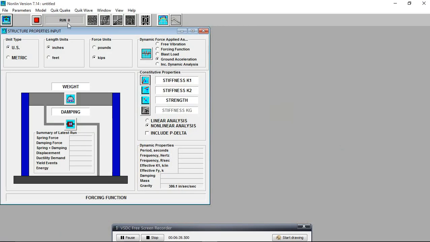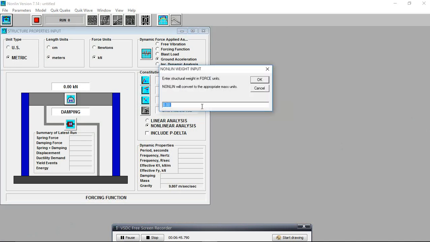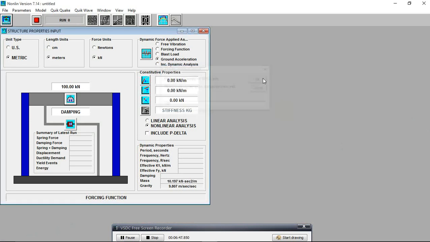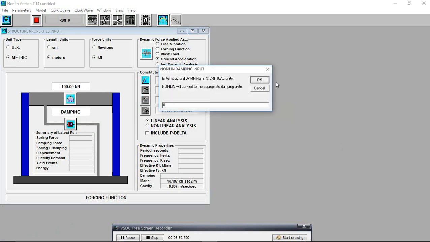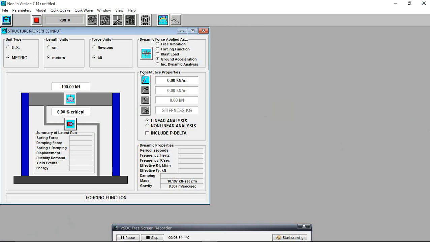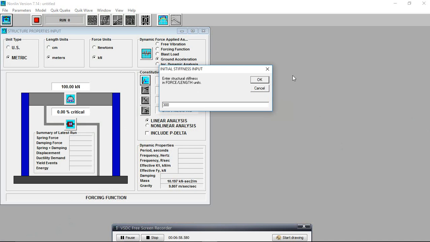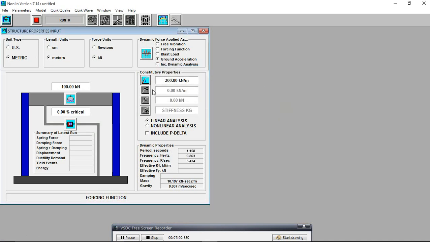In this way we can create. Suppose I want to put zero damping. Let us say here 100, linear and zero damping, and here I am giving 300.